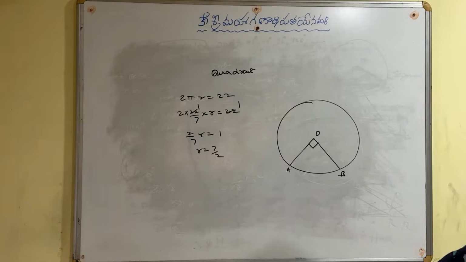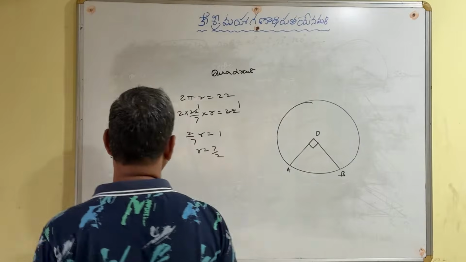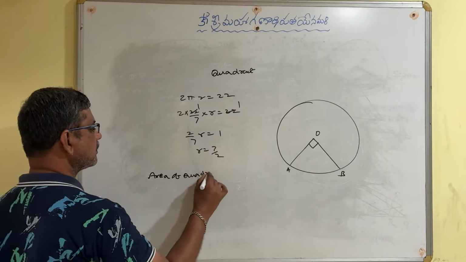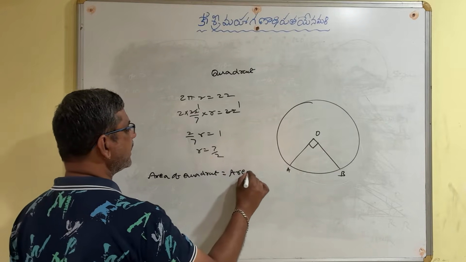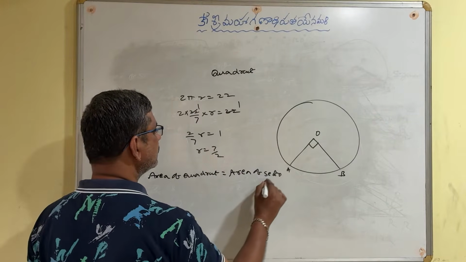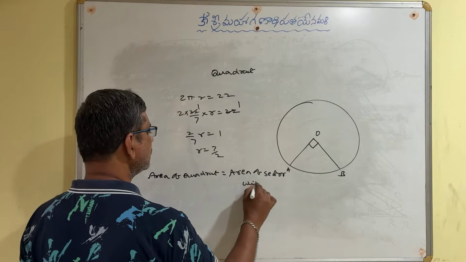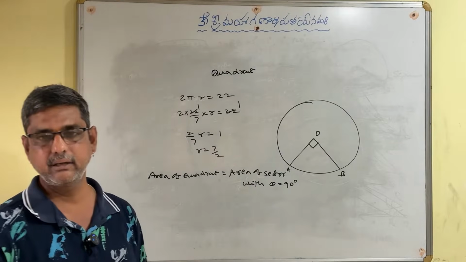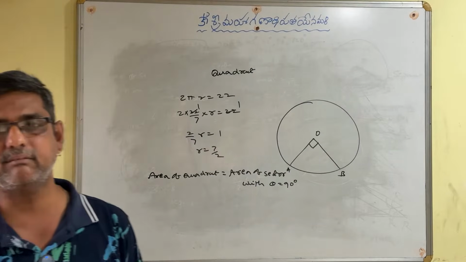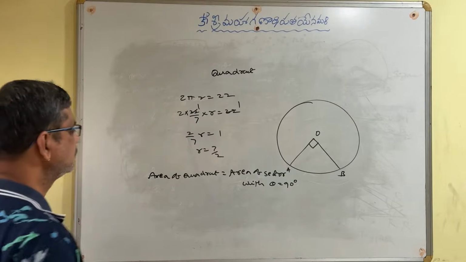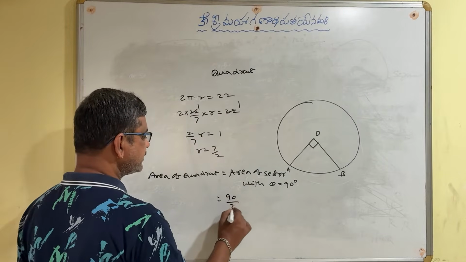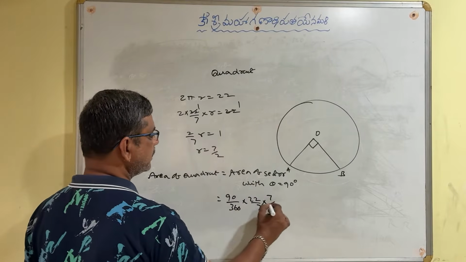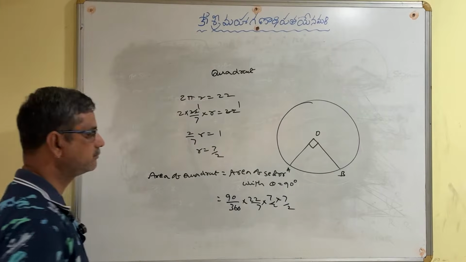Now, the area of a quadrant is nothing but the area of a sector with theta 90 degrees. So 90 by 360 into 22 by 7 into the radius we got, 7 by 2, into 7 by 2.